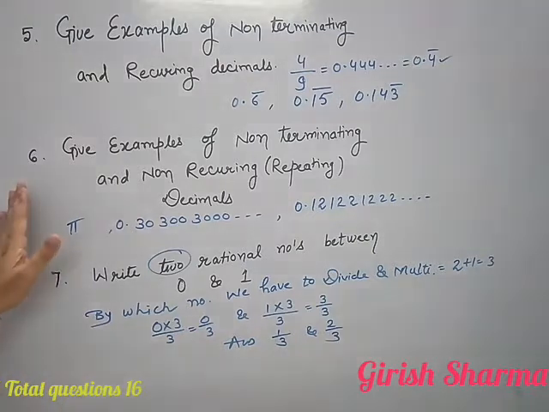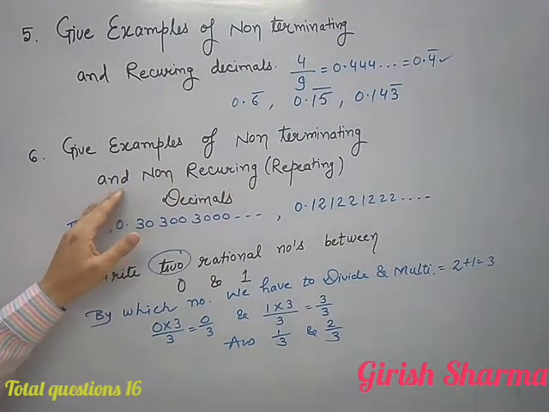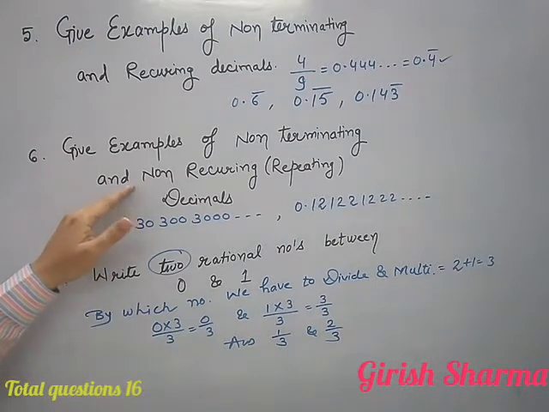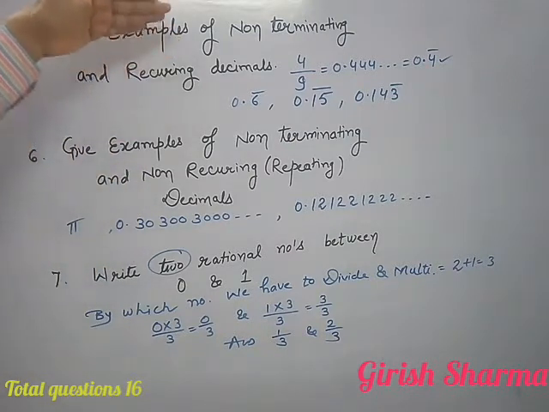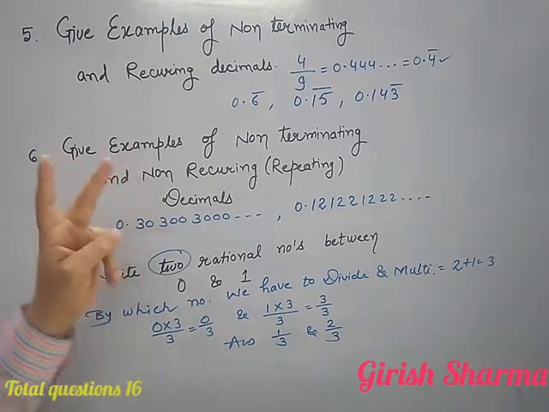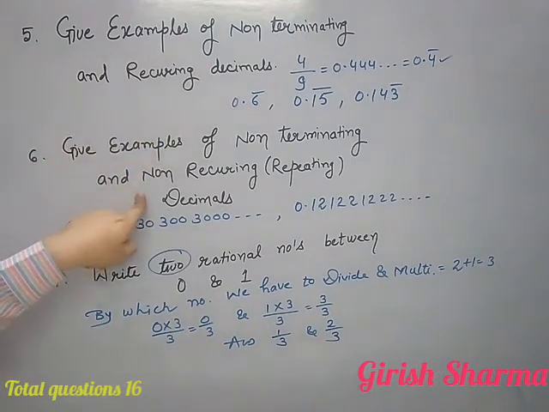Then come on, give examples of non-terminating, non-repeating decimals. Earlier in question number 4, I told you the same thing. Non-terminating decimals are of two types. One is non-terminating, recurring, and the second one is non-terminating, non-recurring.